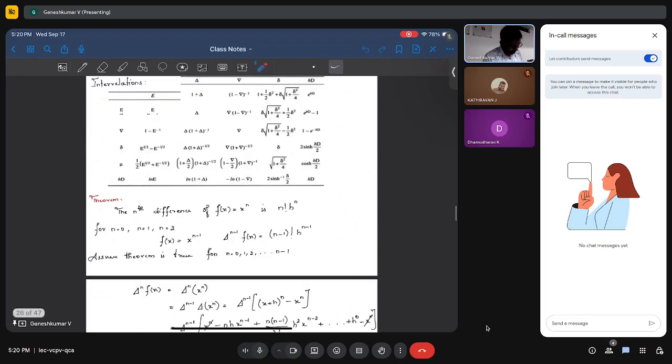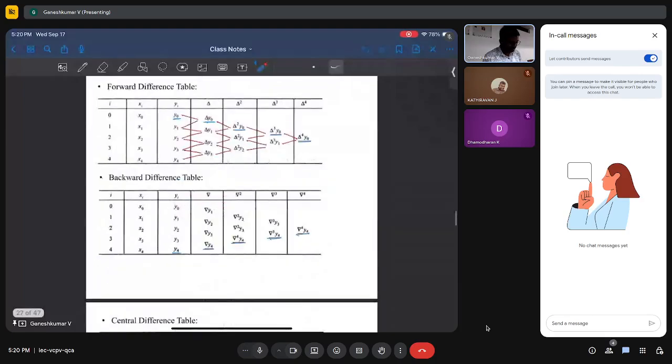The forward difference method: whenever some tabular values are given and you are going to apply forward difference, you first construct the forward difference table. You can use the forward difference method when the value you are seeking lies in the initial part of the table.